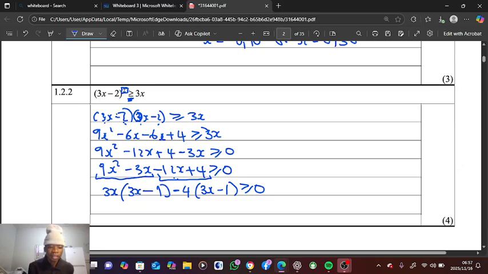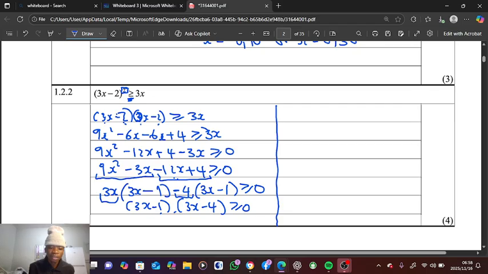So when we get here, we can simply see that our two brackets are the same, so we're going to pick only one. We can say 3x minus 1. Then we add our second bracket by taking this and this to be our bracket. We can say 3x minus 4 to be our bracket. So from there, you can see that this is multiplying this and they equate to 0.